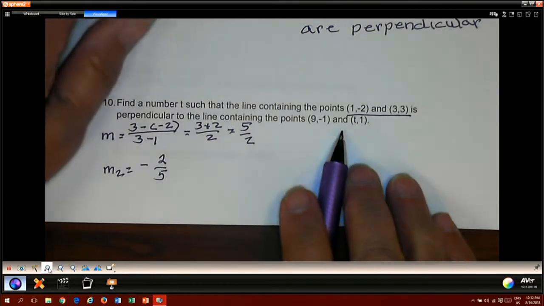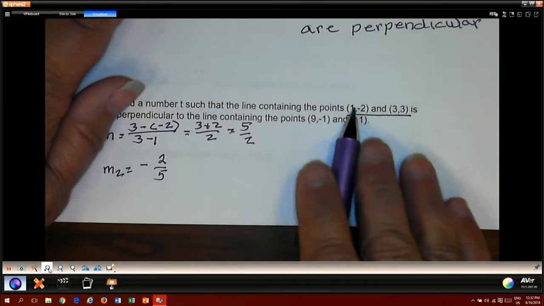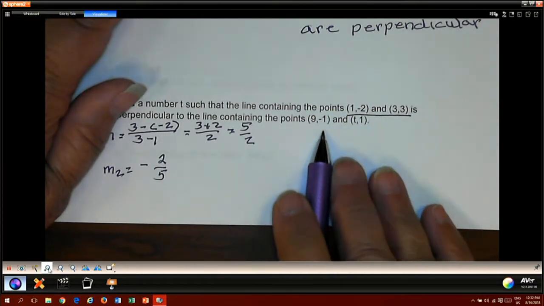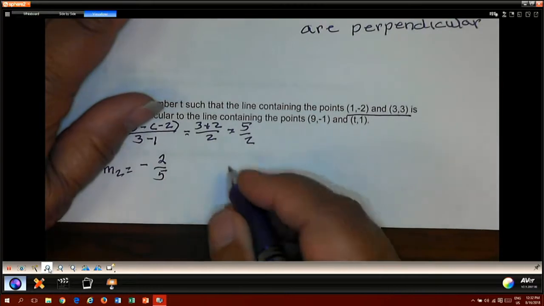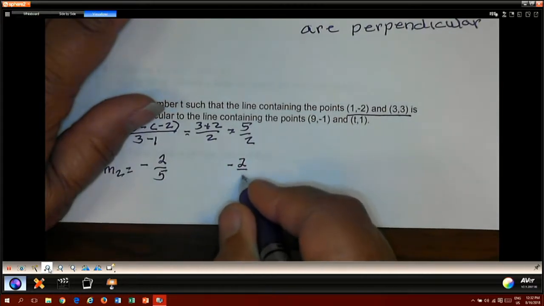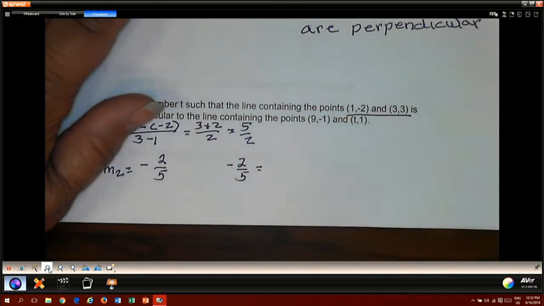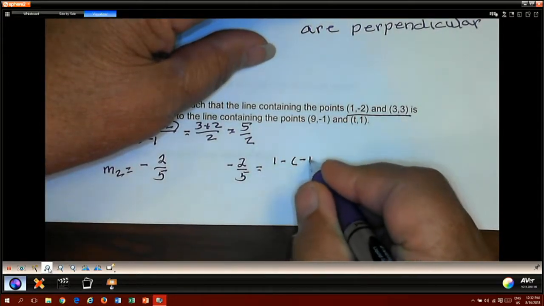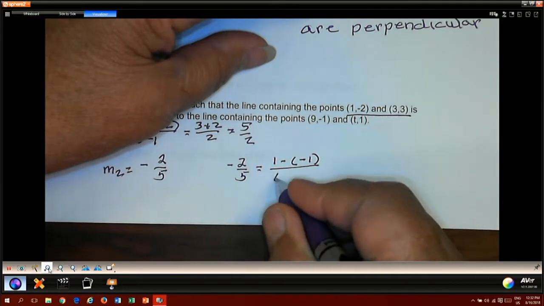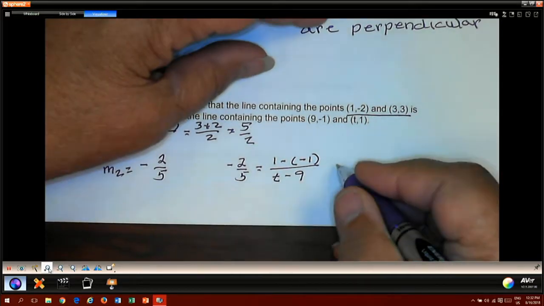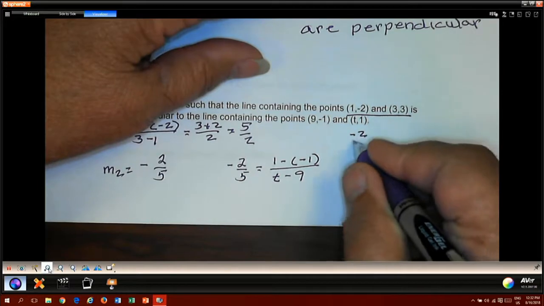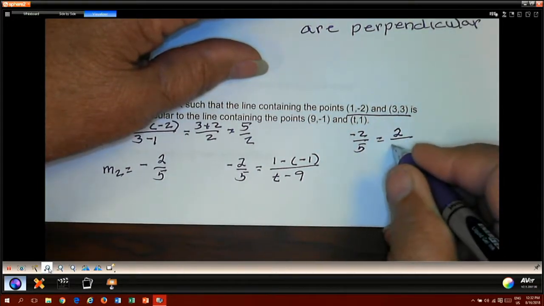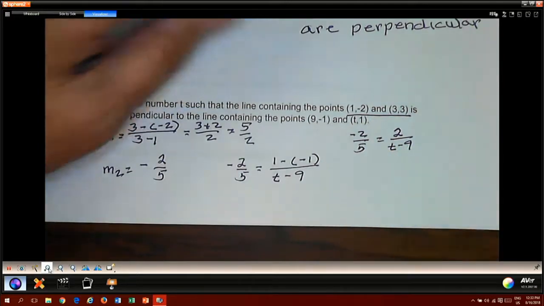So now we're going to do the formula for slope for the second set of points and set it equal to negative 2/5. Negative 2 over 5 equals 1 minus negative 1 over t minus 9. So negative 2 over 5 equals 2 over t minus 9.